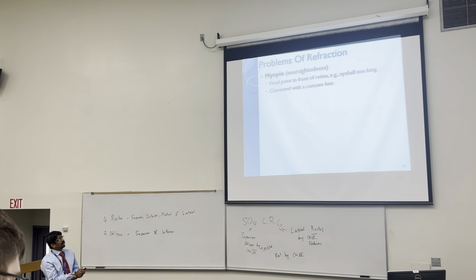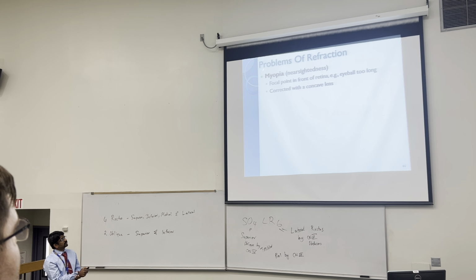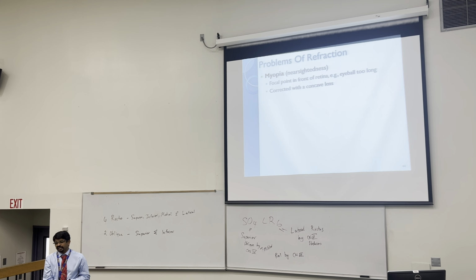That's called myopia. Short-sightedness and nearsightedness basically mean difficulty with focusing images too far out. I think I have an image to show you. It's a concave lens because the focal point is further in front of the retina.